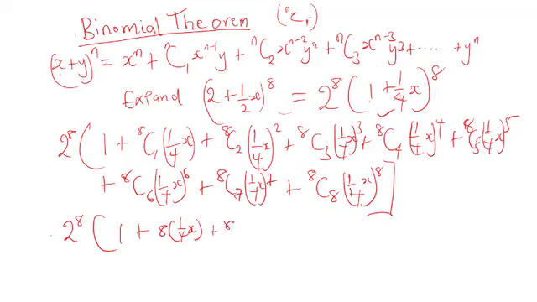plus 8 times 7 all over 2 factorial. Now we are converting this combination to this. This is the second one, n combination 2, where our n is 8.